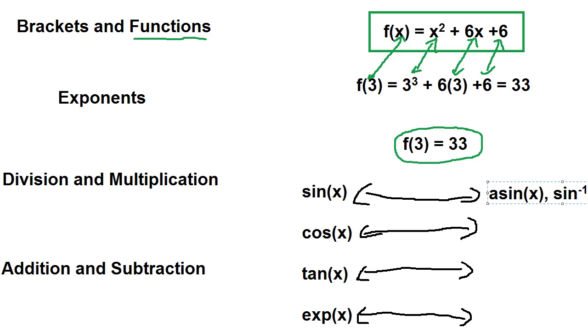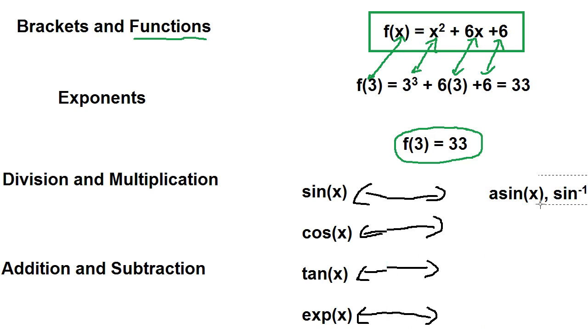And I'll move this over so we can see what's going on here. So let's just pull this shorter and we'll move this over. So basically, if you want to eliminate a sine function to get to the inside of it, you're going to apply the inverse sine to each side.